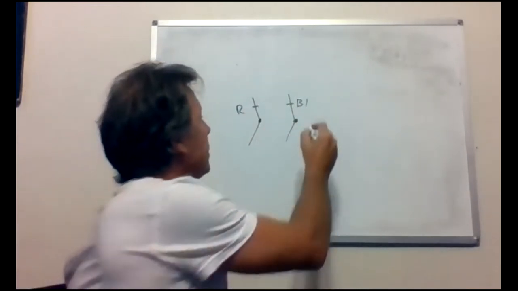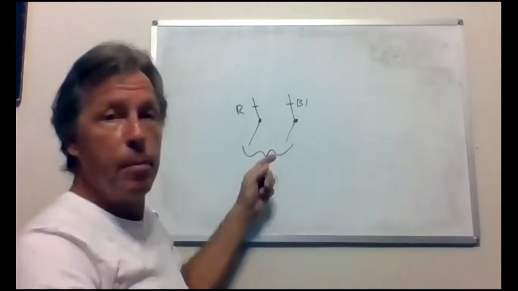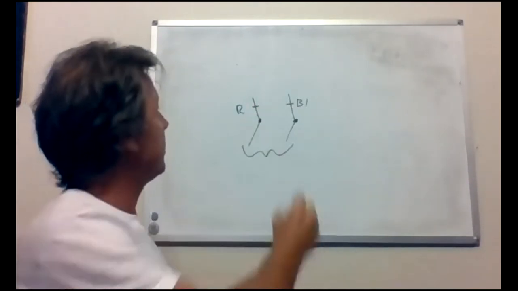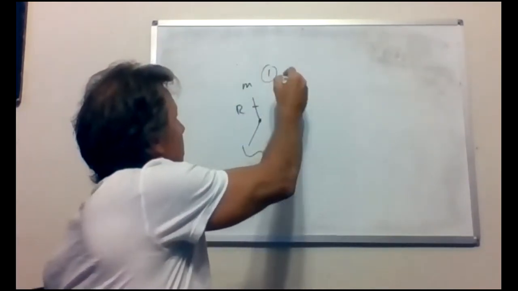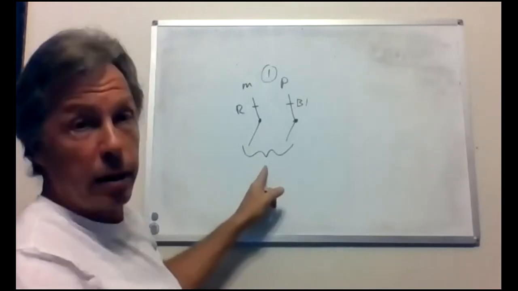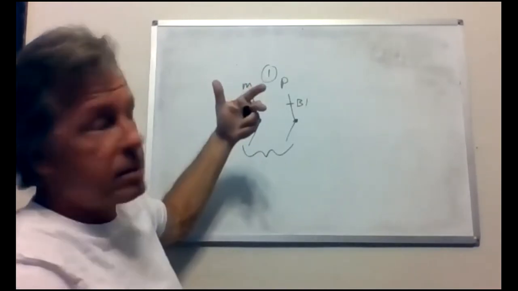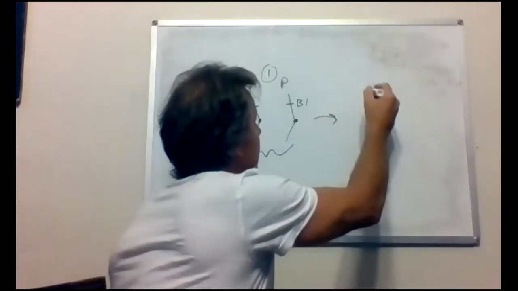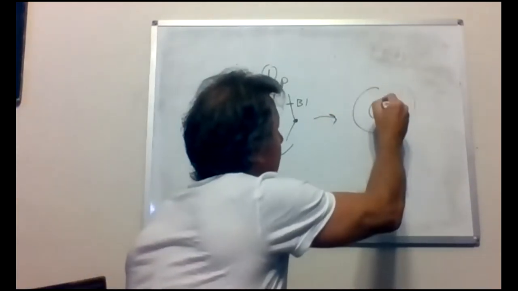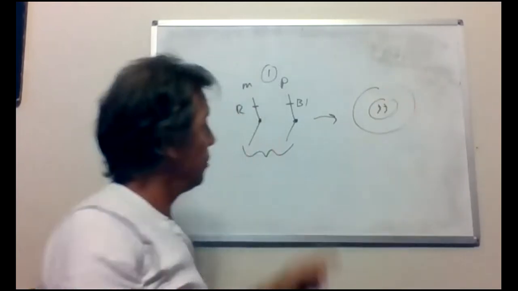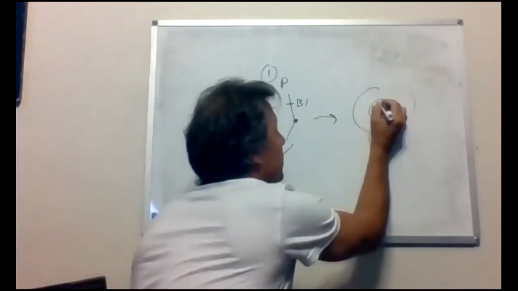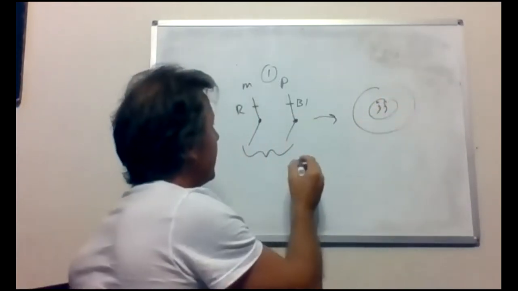If we take these homologous pairs, once again, this is chromosome number 1, this is maternal, this is paternal, these are your homologous pairs, when I go through mitosis, the cell is going to get both of these, the maternal and the paternal.